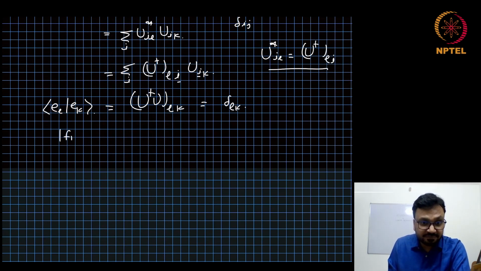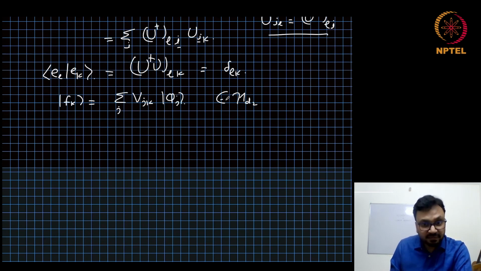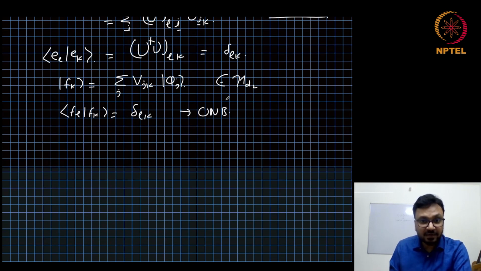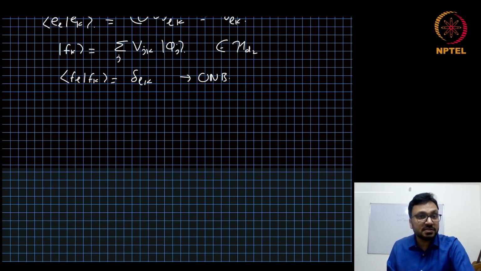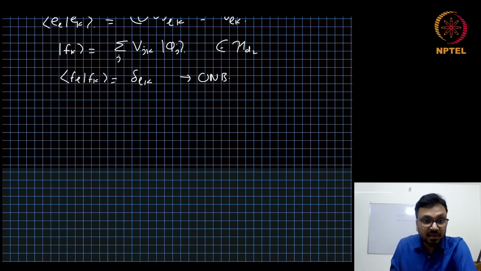Similarly, we can have FK, which is the sum over J of U JK, V JK, and phi J for HD2. And we can verify again that FL, FK is delta LK. That means it's an orthonormal basis. Why did we go through all this trouble to arrive at some expression?